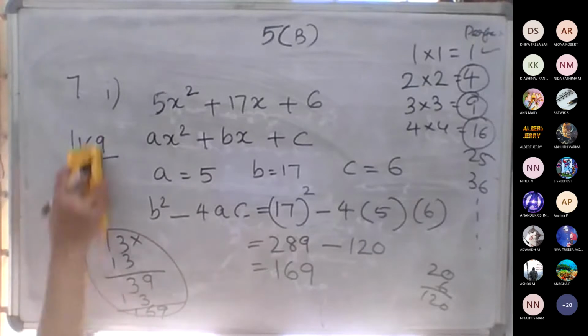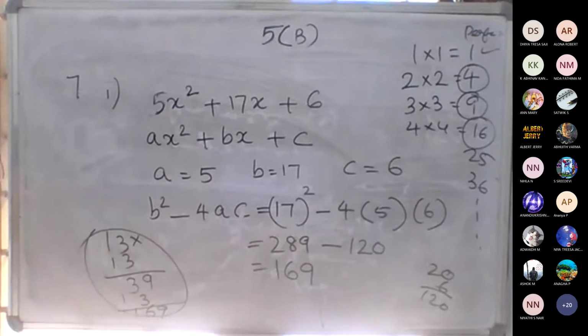Just write in the rough book and find the factors of the b square minus 4ac value. A rough calculation is enough. Check whether 169 is a perfect square or not. 13 into 13 is 169.